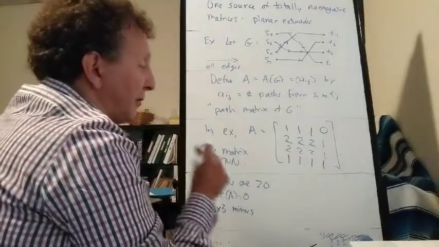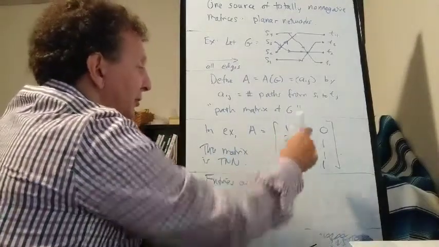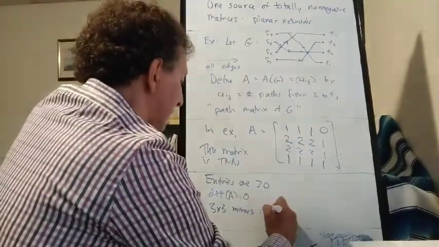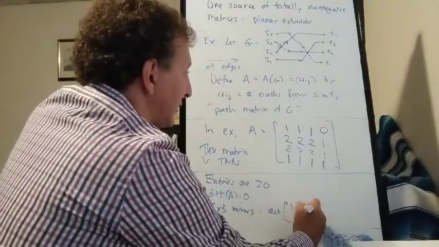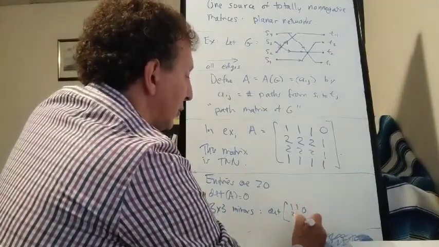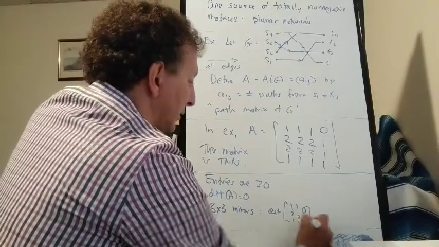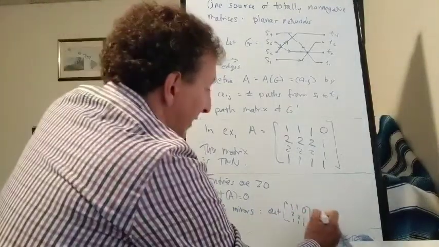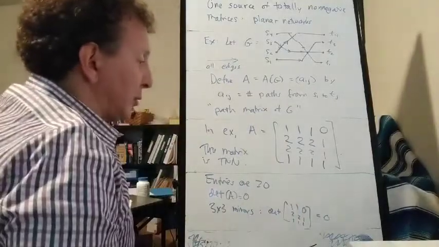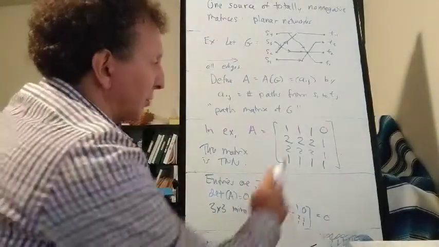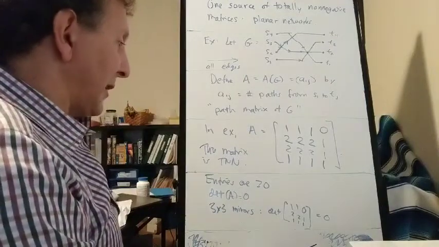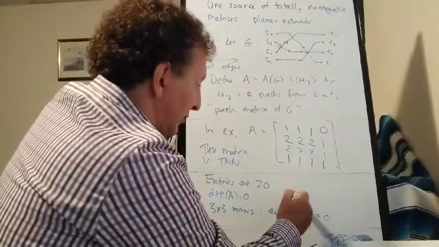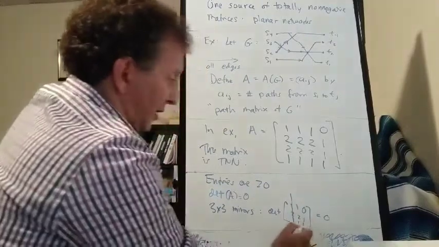I guess there's only one if we can't use both of these rows and can't use both of those columns. There's just the determinant of 1, 1, 0, 2, 2, 1, 1, 1, 1. And that's 0 because we have 2 equal columns. Oh, we had 3 equal columns here. Alright, so then the 2 by 2 minors, I guess we can't use both of those columns.